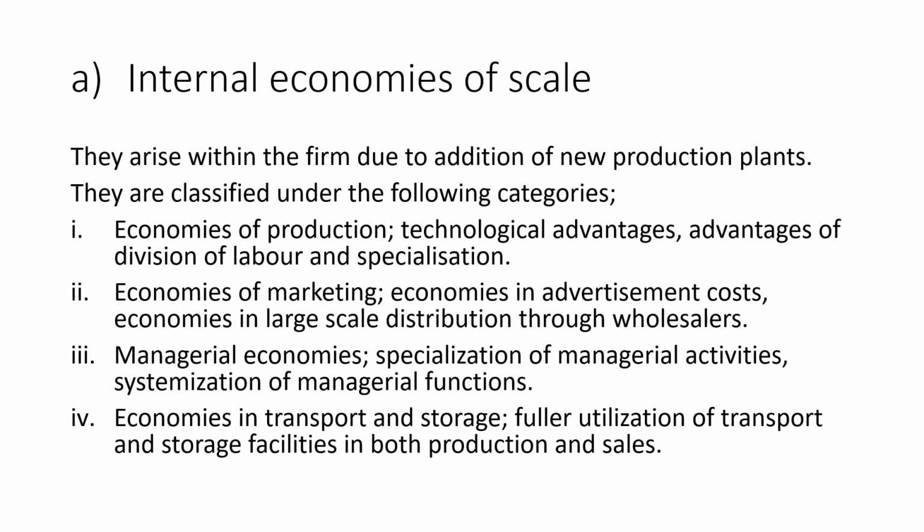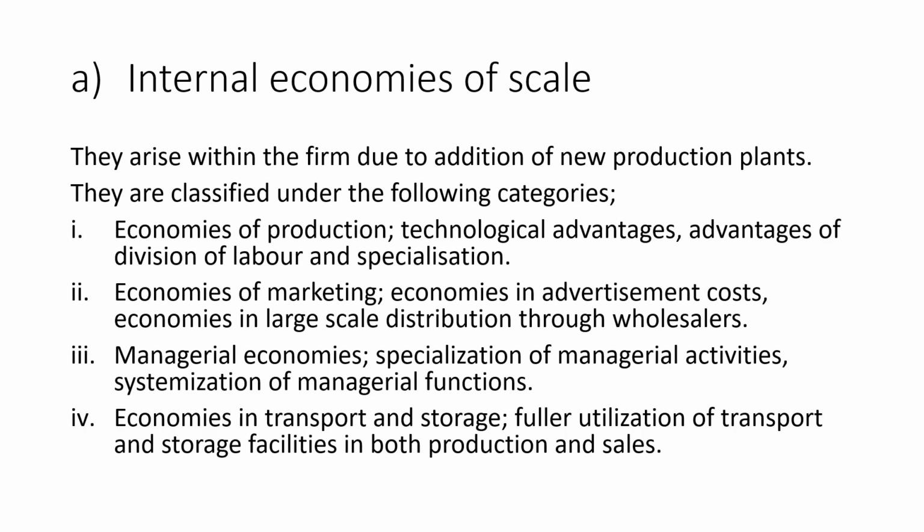Under the advantages of division of labor and specialization, when a farm's production scale increases, more workers with varying skills and qualifications are employed. So with large numbers of workers, this gives firms an opportunity to divide their labor accordingly based on their qualifications, knowledge, experience, and expertise, and assign them functions where they are best suited.